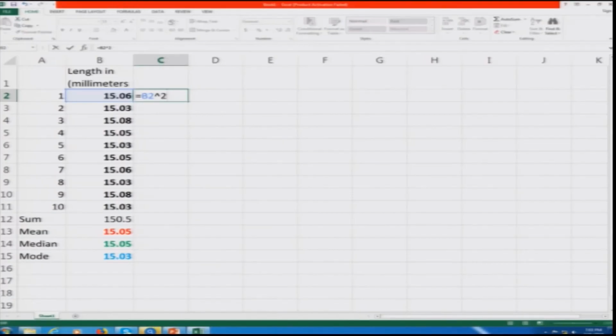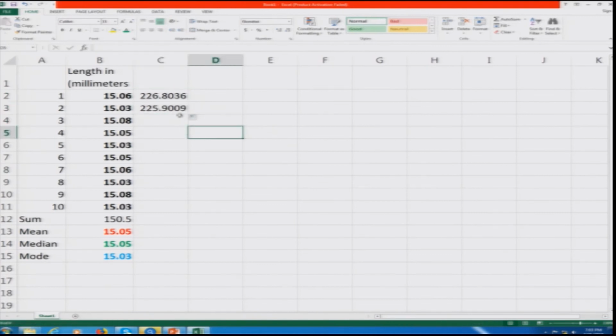B2 power 3 would be the cube of B2, B2 power 4 the fourth power, but I am more interested in the square here. So, this will square this value, 15.06 square is equal to 226.8036. I will drag this formula down. Let me see if this formula is correct. Yes, this is B3 square.